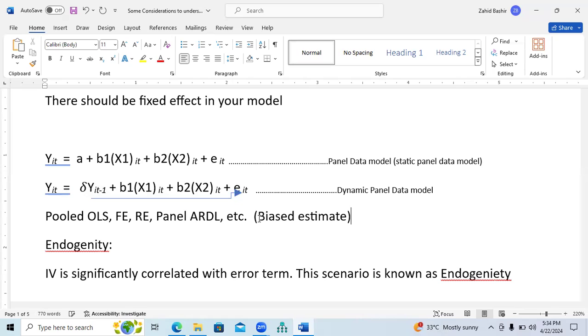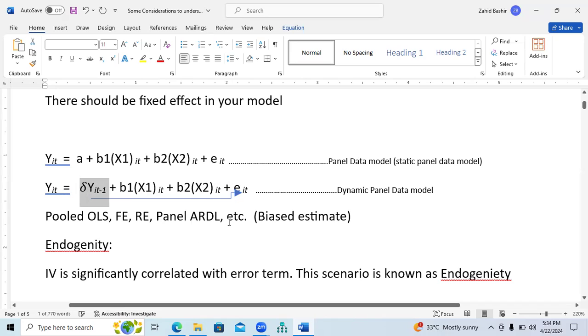Always remember that we are not going to use pooled OLS, fixed effect, random effect, panel ARDL if your model has the lag dependent variable as an independent variable. So it will give us biased estimates.